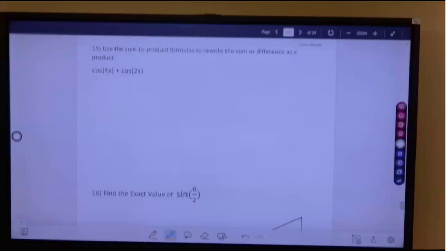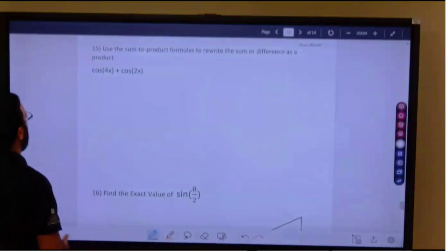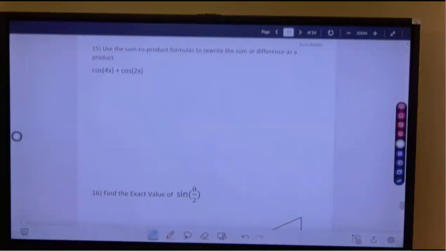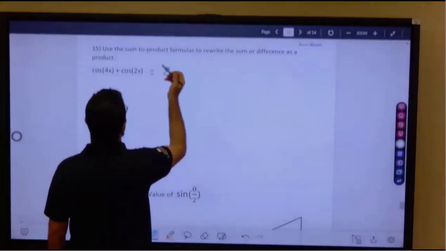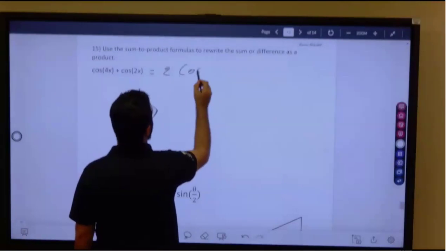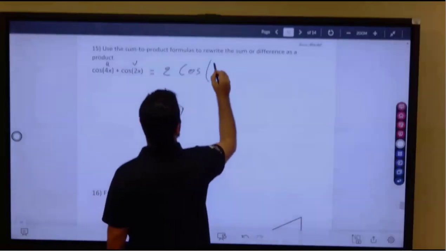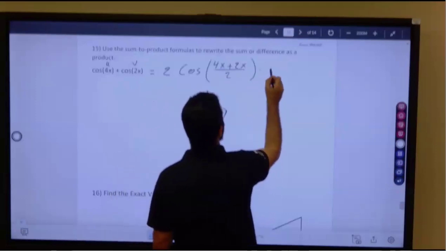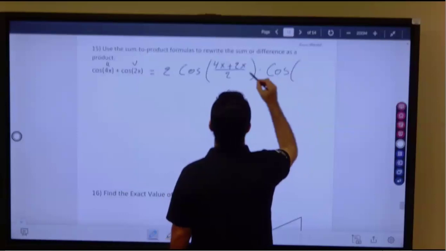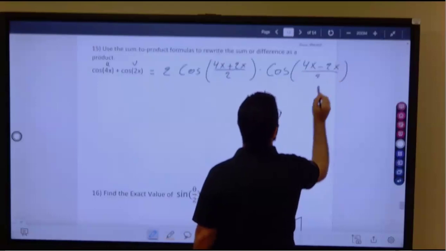You do the same thing for this example, using the sum to product formula. So we need to convert to a product. Cosine 4x plus cosine 2x is the same thing. It's cosine plus cosine, so this is going to be 2 cosine u plus v divided by 2, where this is the u and this is the v. So it's 4x plus 2x divided by 2 times cosine 4x minus 2x divided by 2.